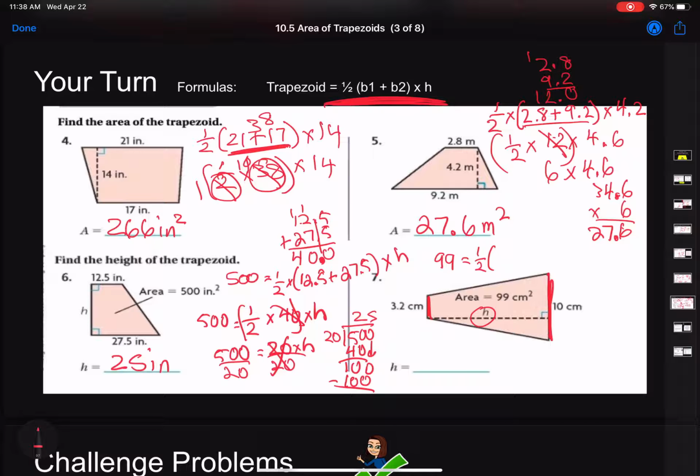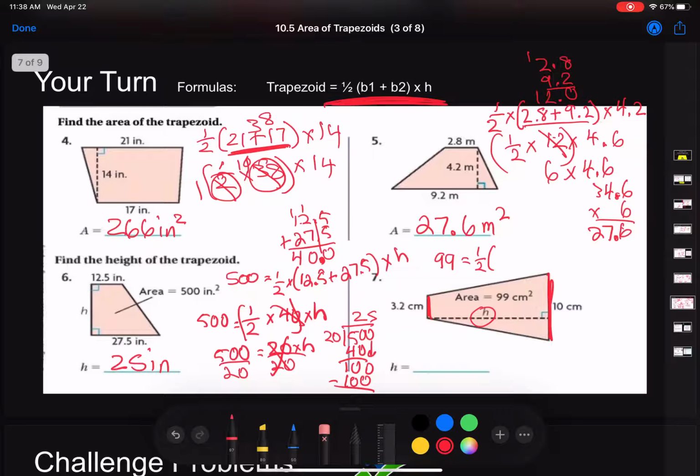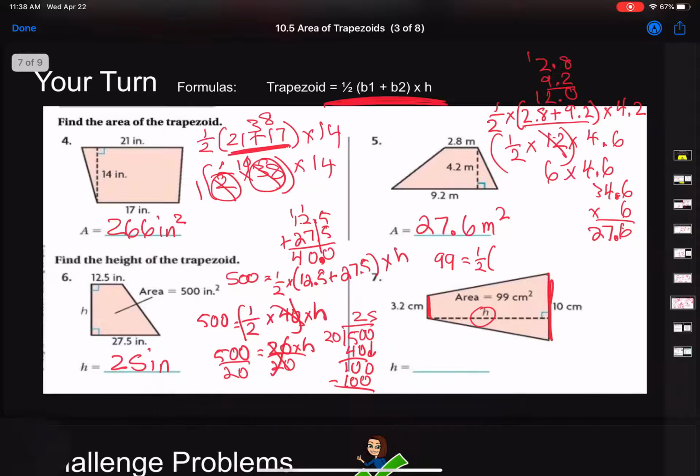So let's put our two bases. Our two bases are 3.2 plus, I'm going to say 10.0, times h. Okay, because I need to add these two up, and I need to make sure that I line everything up correctly. Otherwise, I have the chance of maybe adding it up wrong.